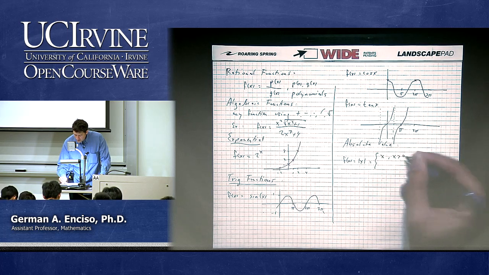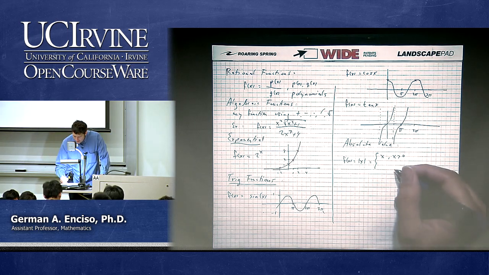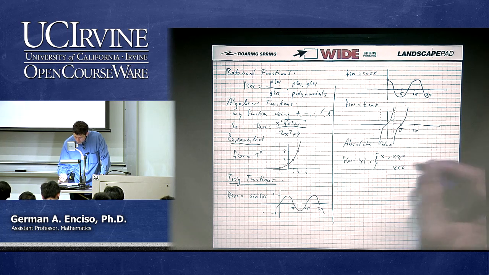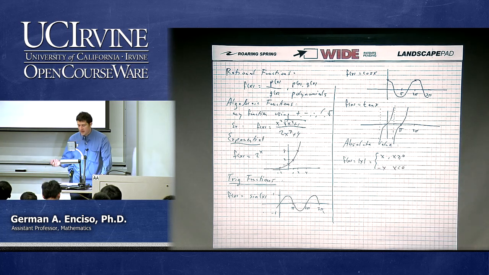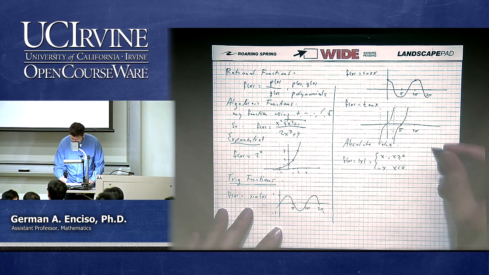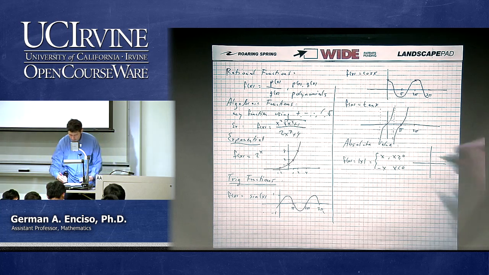When x is bigger than 0, absolute value of x is just x. When x is less than 0, it changes the sign. It turns it positive. So overall, I get a function that looks like a v.